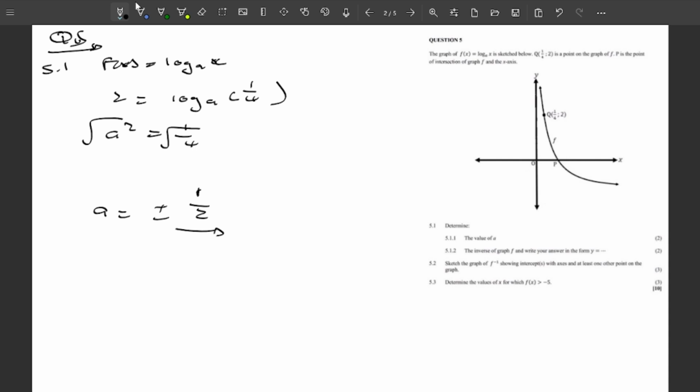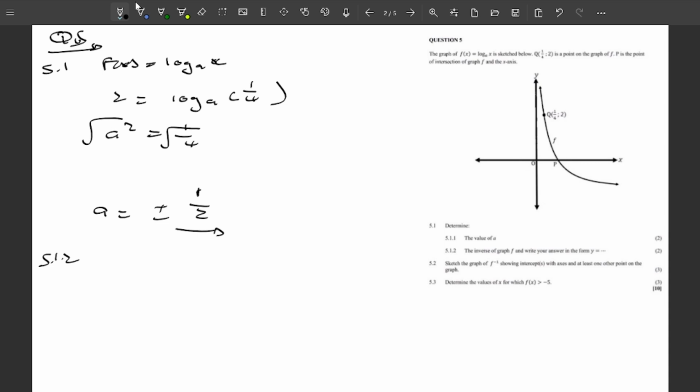So from here on, we go to 5.1.2. Now they said determine the inverse of the graph of f and write your answer in the form of y equals. Oh yeah, I made a mistake in the beginning. I thought this was an inverse. Okay.